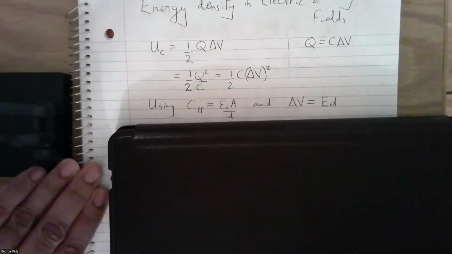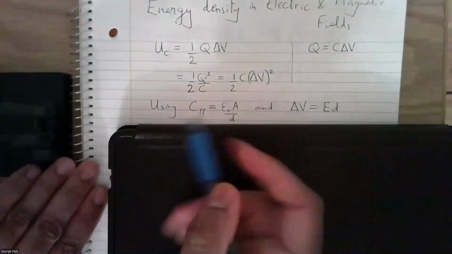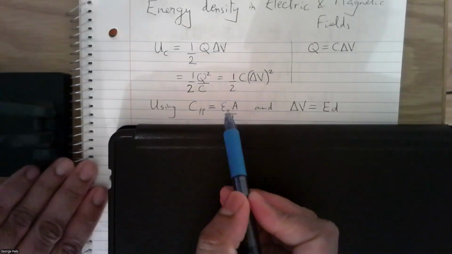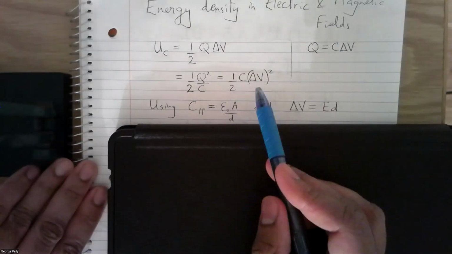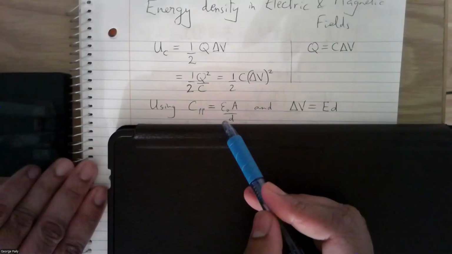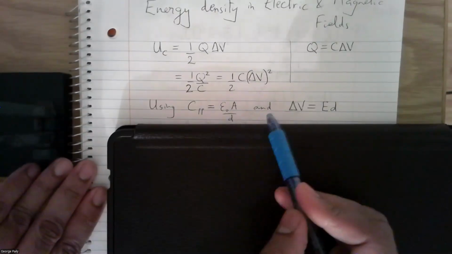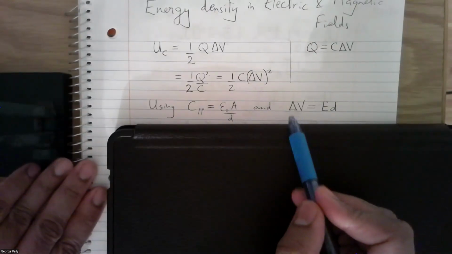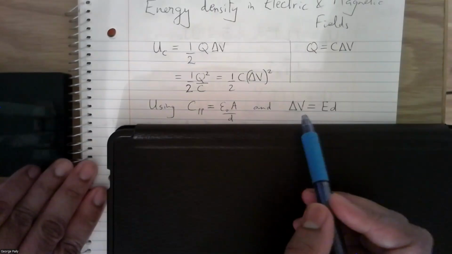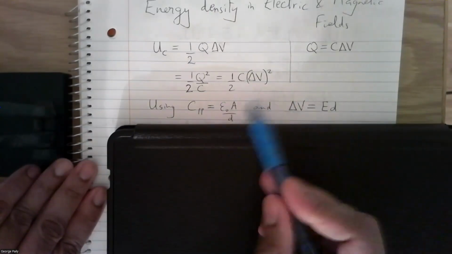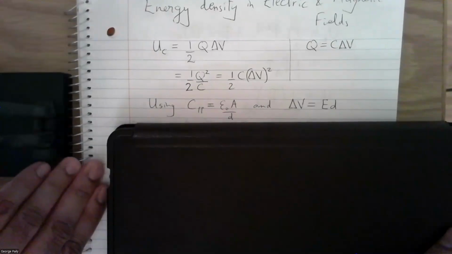Using this version and the knowledge that for a parallel plate capacitor, the capacitance is epsilon naught A over D, and that the electric field in a parallel plate capacitor is nice and uniform, we can also say that ΔV equals ED. And so using these two ingredients, let's rewrite the energy.